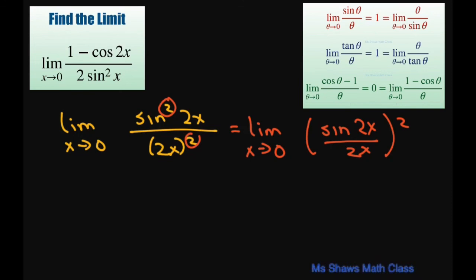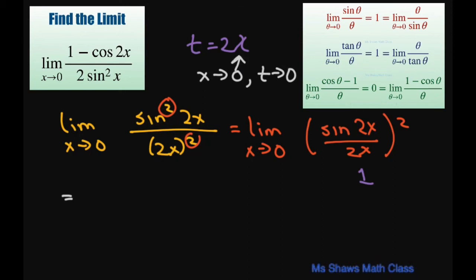Now, from there you can kind of see this is just going to equal 1, or you can say let t equal 2x and then substitute that in. Also, if t equals 2x, then as x approaches 0, t will also approach 0. You just substitute in the 0 there.